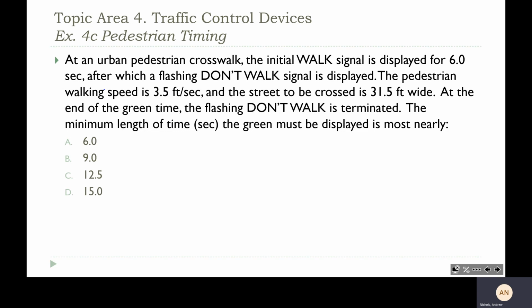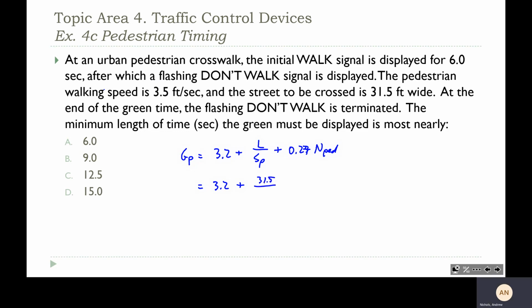So we have an equation for minimum green time for pedestrians that is GP equals 3.2 plus L over SP plus 0.27 N_ped. So the 3.2 is a constant. Large L is the crosswalk length, which we're given as 31.5.